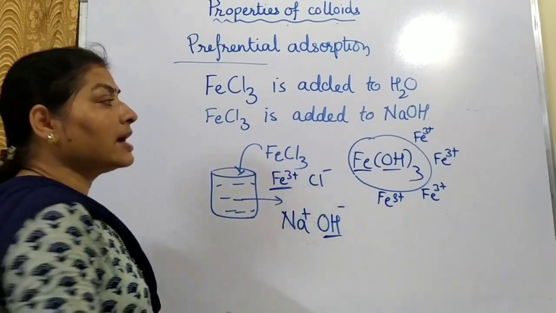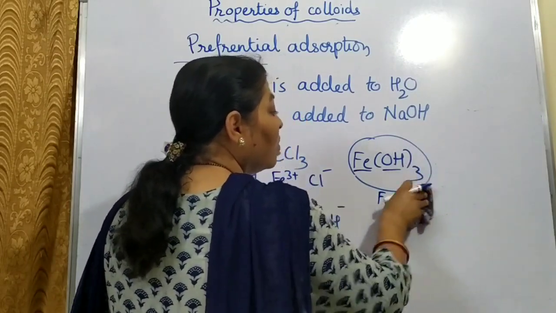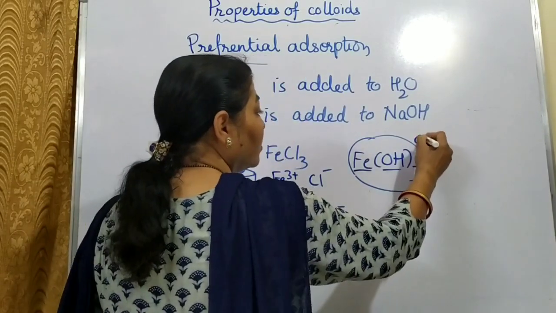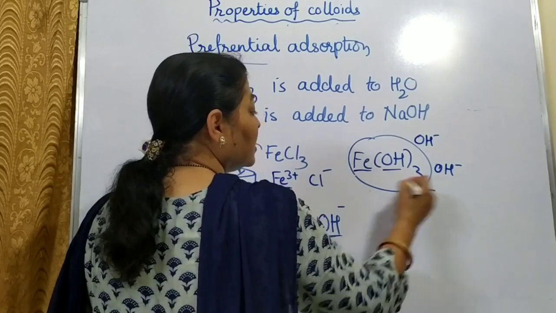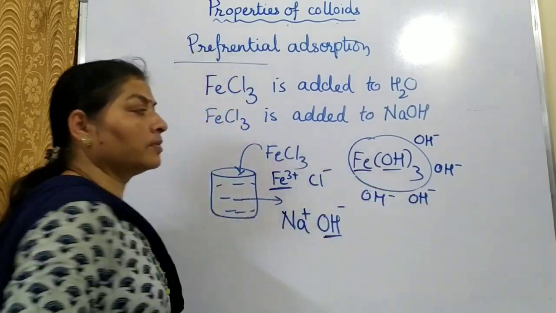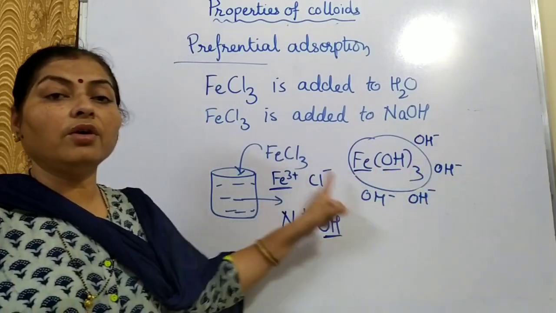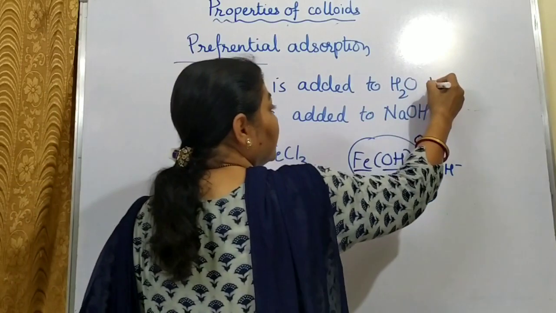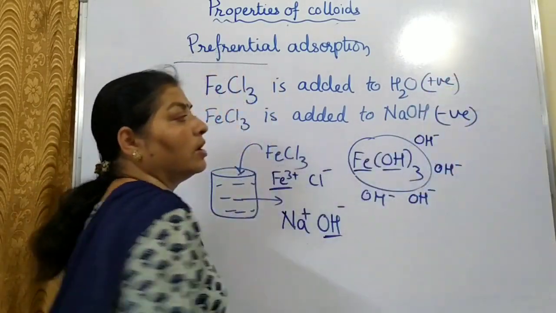So OH minus ions are already there in the container, so adsorption of OH minus ions will take place on the surface of Fe(OH)3. So OH minus ions will get adsorbed like this. So a negatively charged salt will form in this case. So in the first case, a positively charged salt, and in the second case, a negatively charged salt is formed.